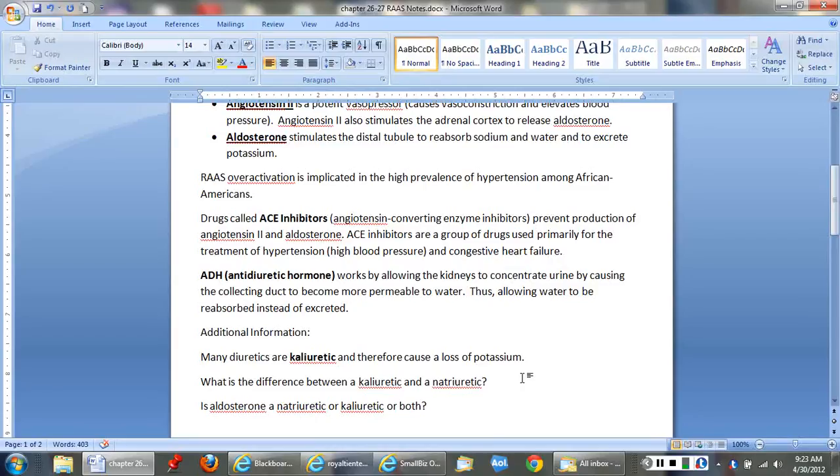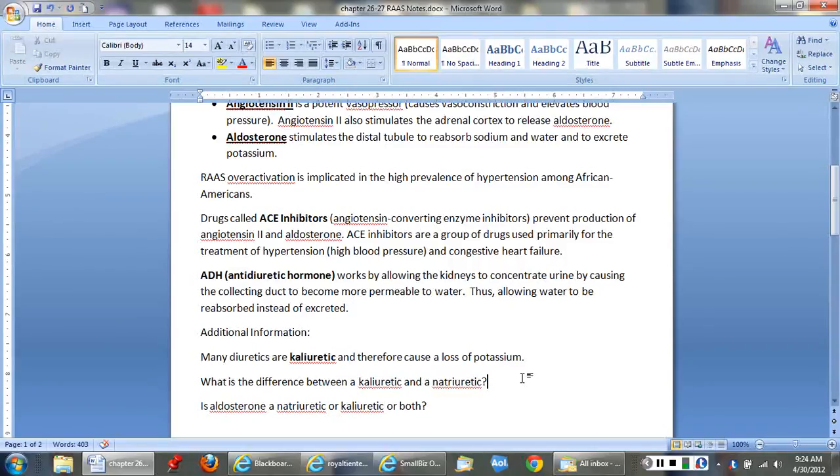So what does a natriuretic drug do? Right. Causes the kidneys to release or excrete sodium in the urine. So send out more sodium. So what would a kaliuretic drug do? Loss of potassium, right.